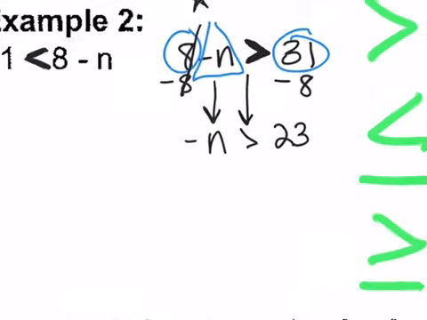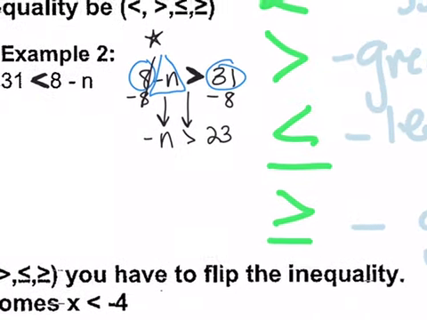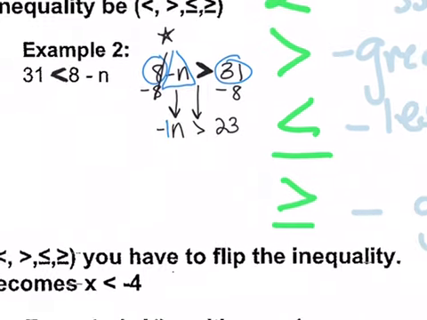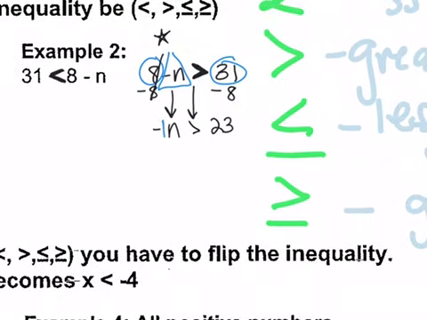So anytime you see just a variable, you guys remember this, anytime there's just a variable there, it's an imaginary 1. So if I were to keep going, say that this was another step, this was a one-step equation, -1 times something is greater than 23. So that means since this is multiplication, I'm going to divide by -1. Divide by -1. I'm going to cross those out.